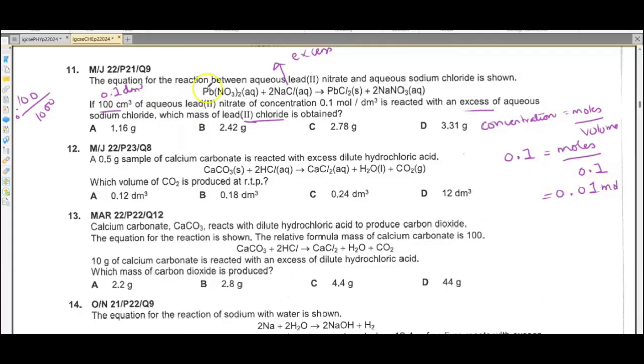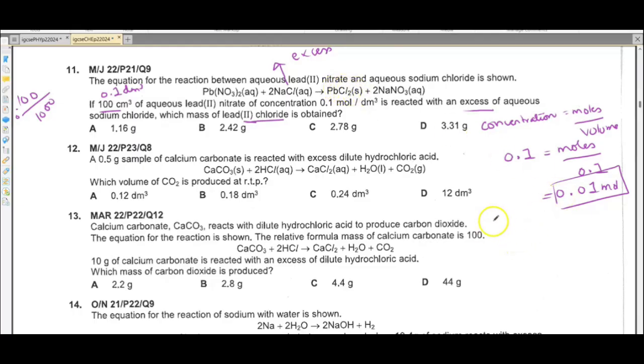So now we have the moles of PbNO3. So we can always find the moles of PbCl2, which is lead chloride, with this. Okay? Since they are in a ratio of 1:1, so the moles of PbNO3, which was 0.01 moles, would be the moles for lead chloride. Okay? It would be the same.